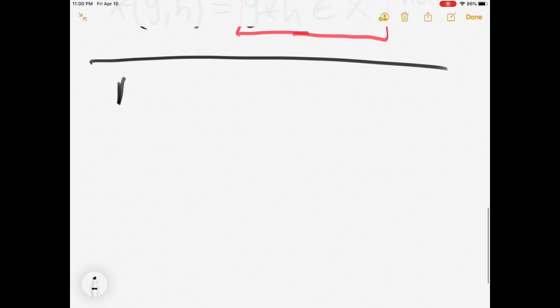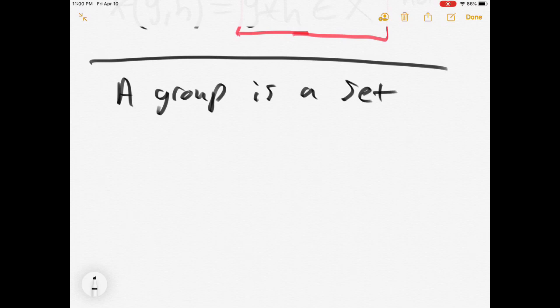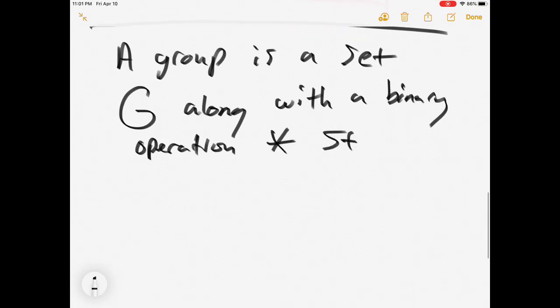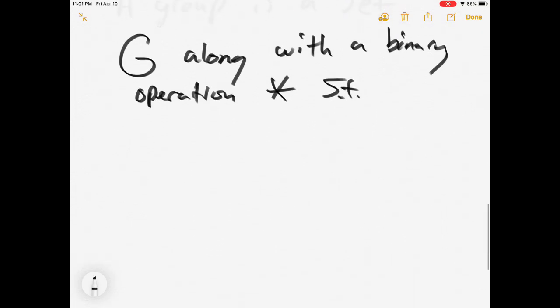So now we can say what a group is. It's a set G, for group, along with the binary operation star, and it satisfies these three properties.